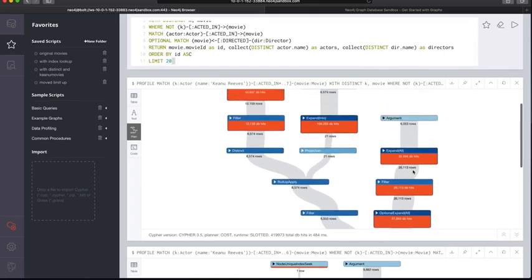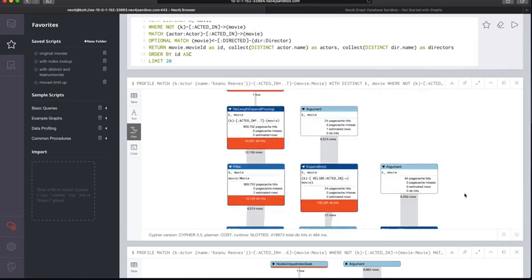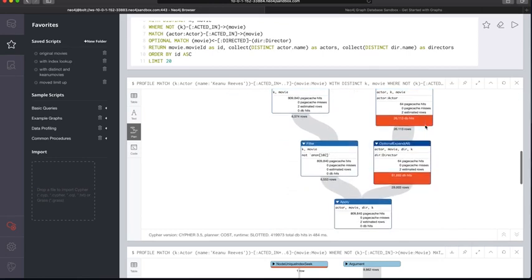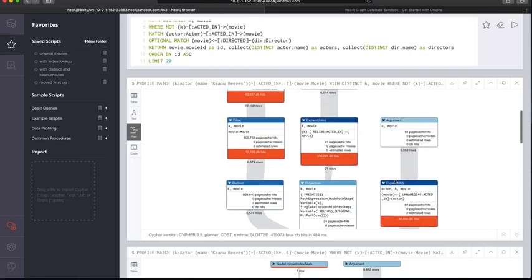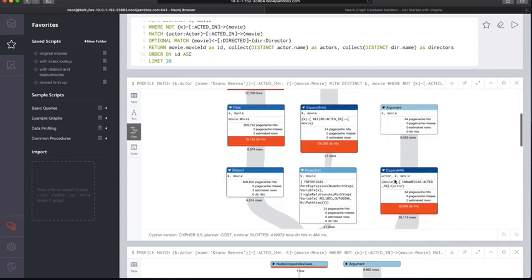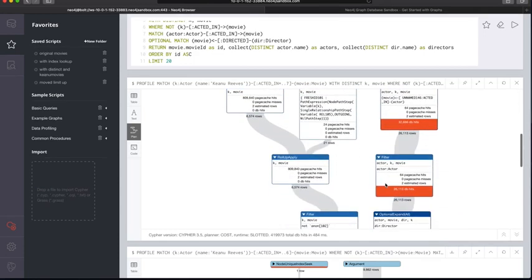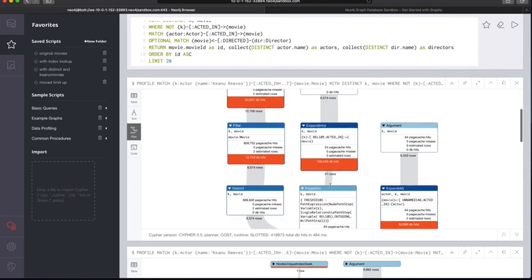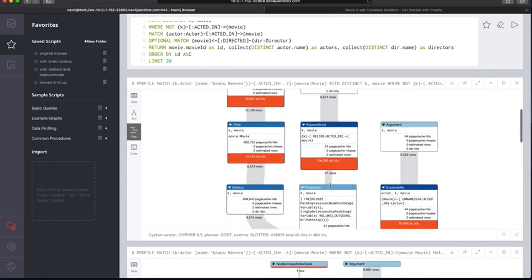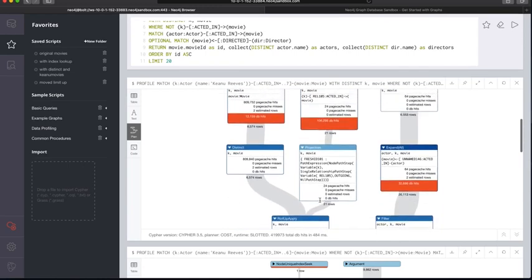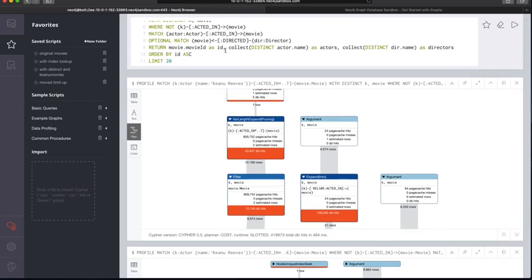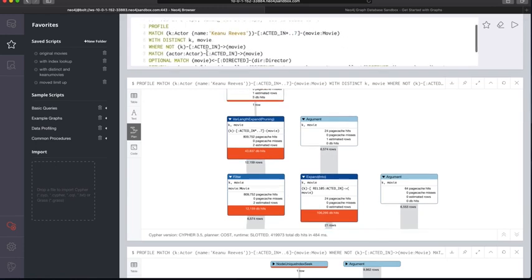You can see some heavy DB hits here. What's this? Well, that's our acted collecting the actors. And over here, that's 105,000 DB hits. And this is a section where we need to make sure that Keanu Reeves did not act in these nodes. That's a lot of DB hits. We probably don't need to do that much. We don't actually need to expand this out.